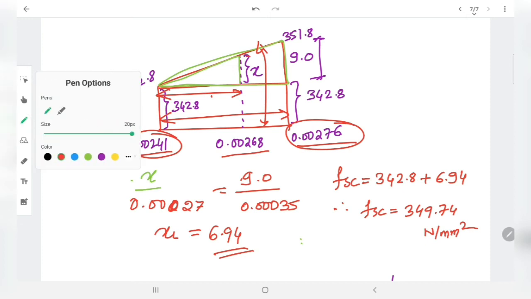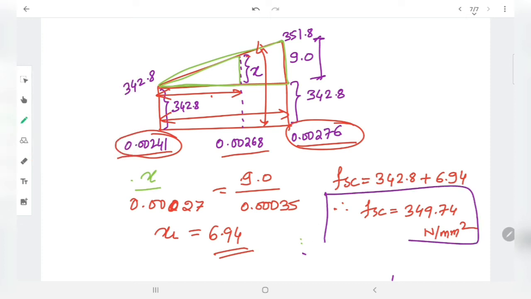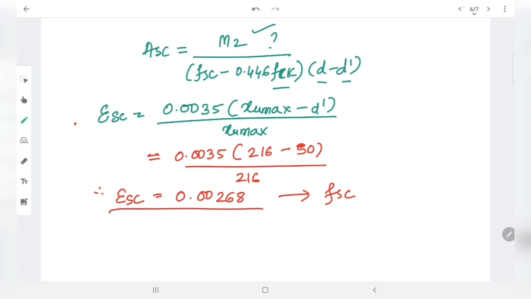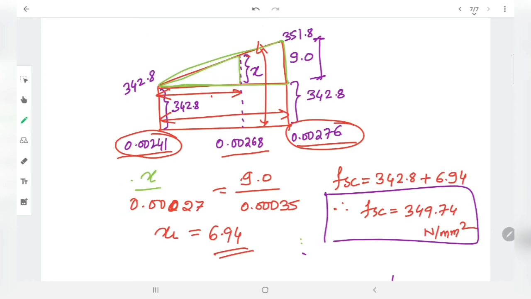This is all I required for calculation of M2. We know FSC, ASC, FCK, D and D dash. Only thing is M2.